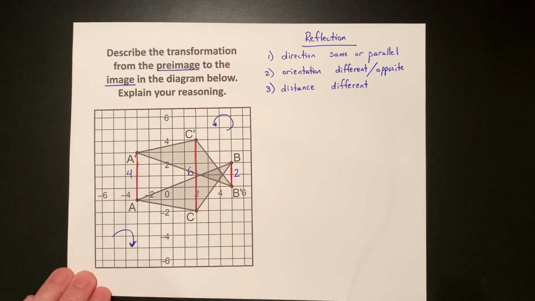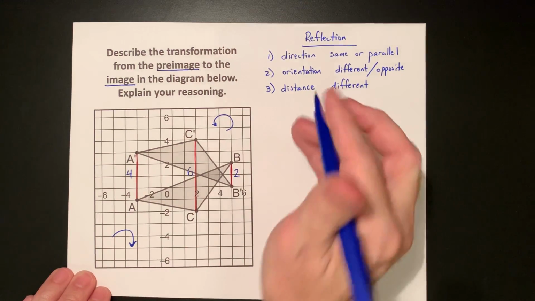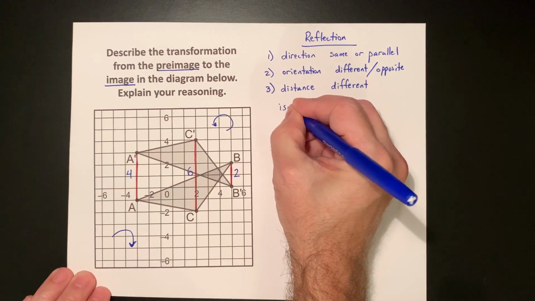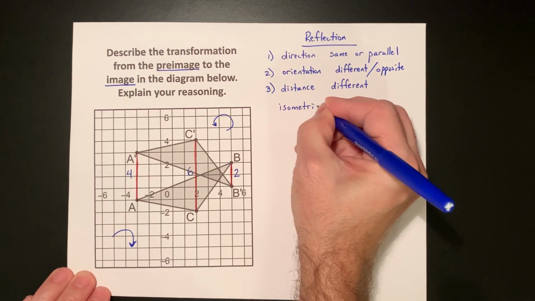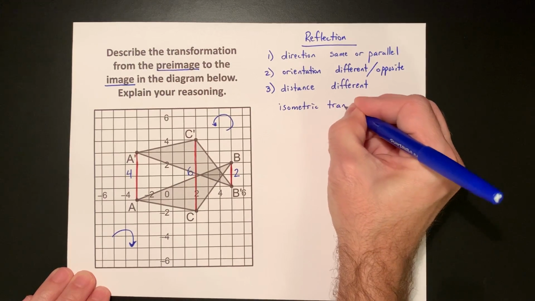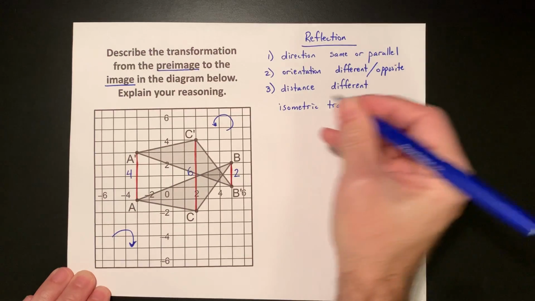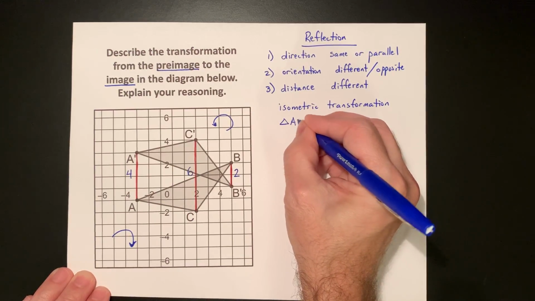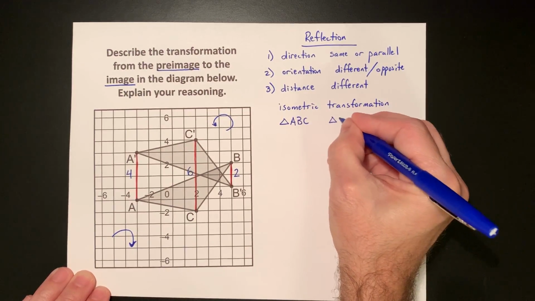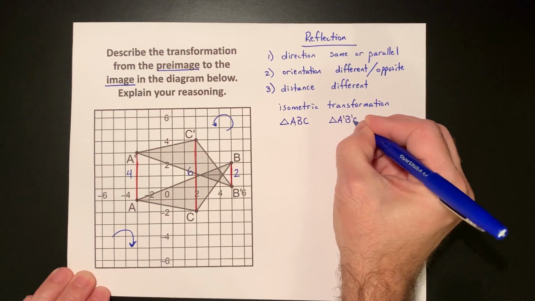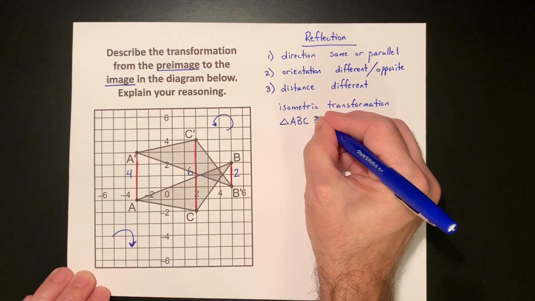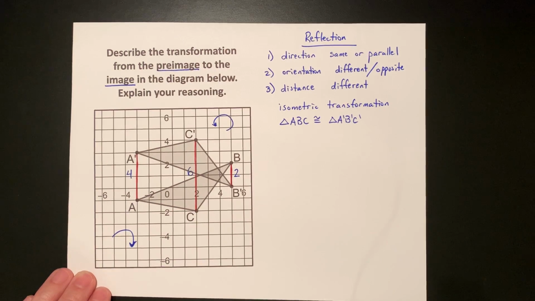So the first thing that we have to do is identify what sort of a transformation we have. We have a reflection. Well, if it's a reflection, that means it is an isometric transformation. If it's an isometric transformation, then that means that triangle ABC and triangle A prime, B prime, C prime are going to be congruent.